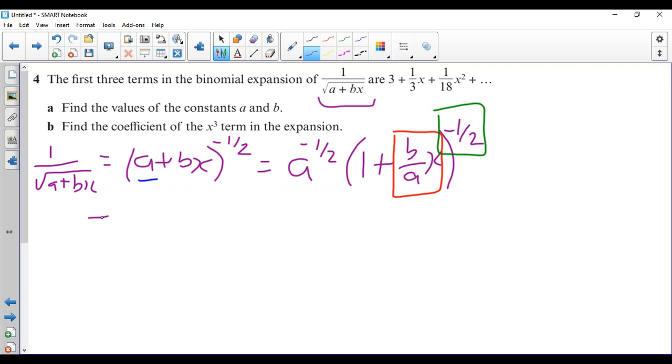So we've got a to the minus a half, and I only have up to x squared there, but looking ahead, there is an x cubed question, so I think it's probably worth writing down the x cubed.